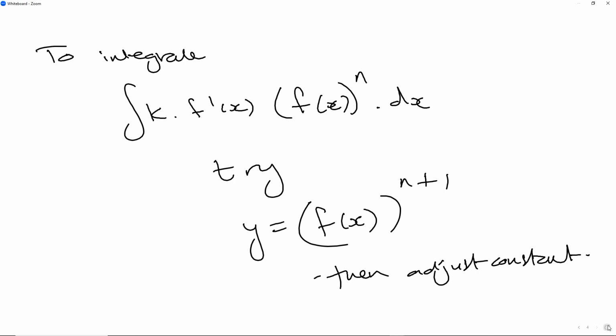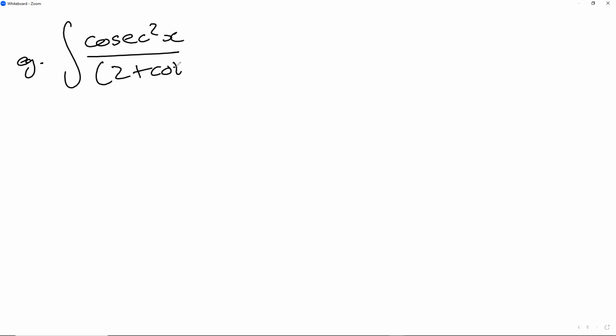Okay, 2 more examples. If I have the integral of cosec squared x divided by (2 plus cot x) all cubed. If I look carefully at this function, I can see that f of x is equal to the bottom part.